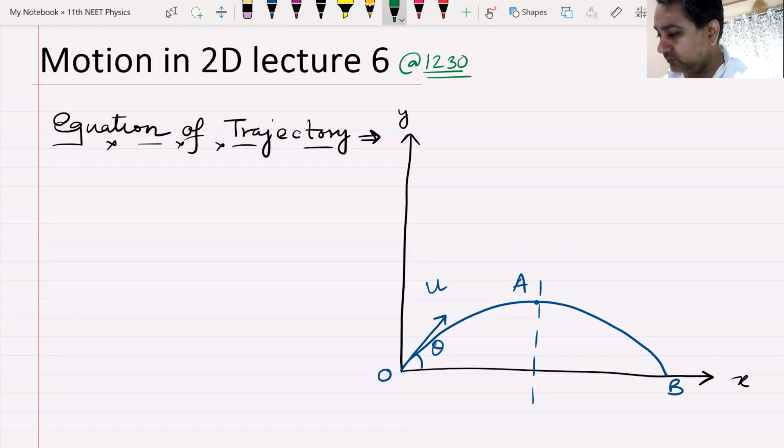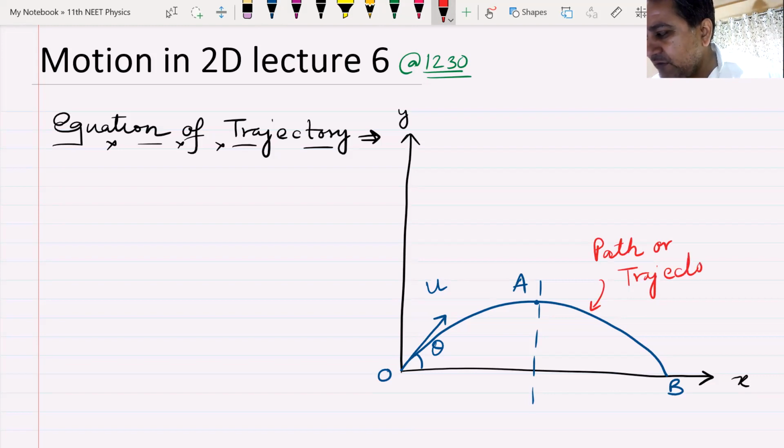The path that it follows can be called its trajectory. So trajectory means nothing but the path this projectile follows. You can call that path its trajectory.